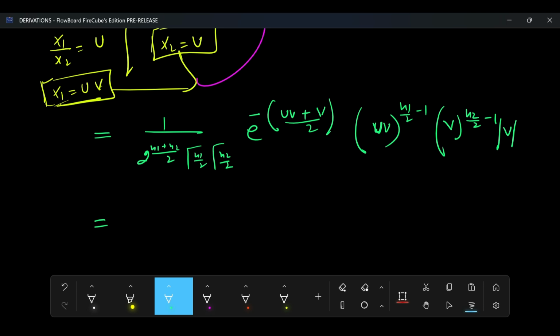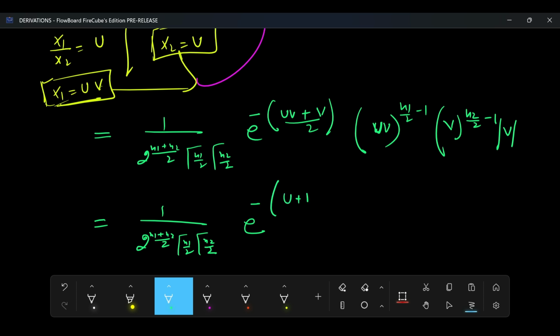Now see, this is equal to 1 upon 2^((n1+n2)/2) Γ(n1/2) Γ(n2/2). Now see, e to the power minus... can we take v as common?